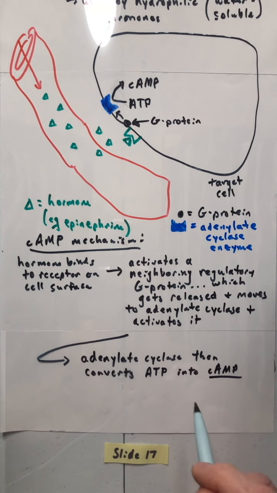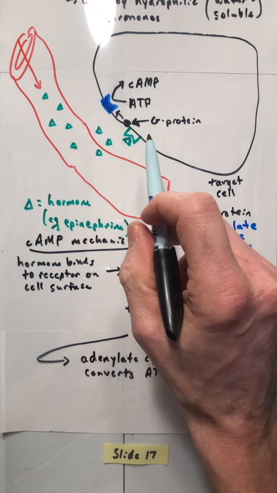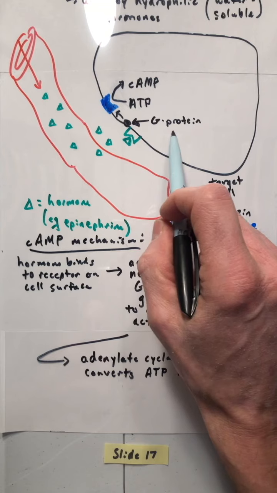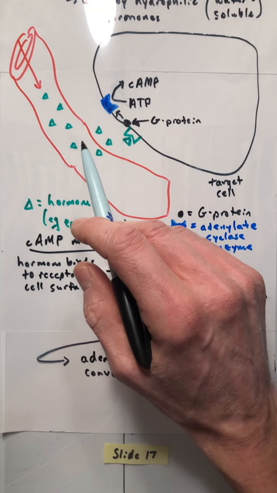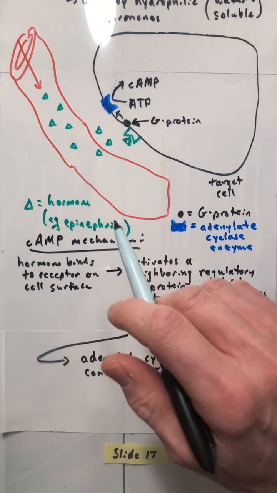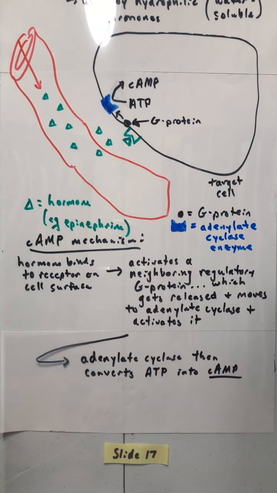Now, before we move on to the next step in this, let me just backpedal a little bit and talk about this G protein. So this G protein actually has GTPase activity in it. In other words, it's a protein that also acts as an enzyme.